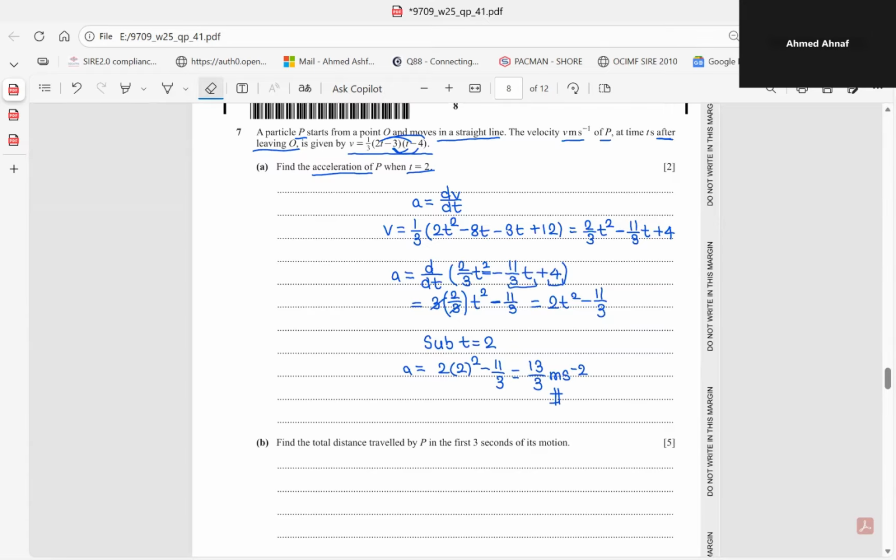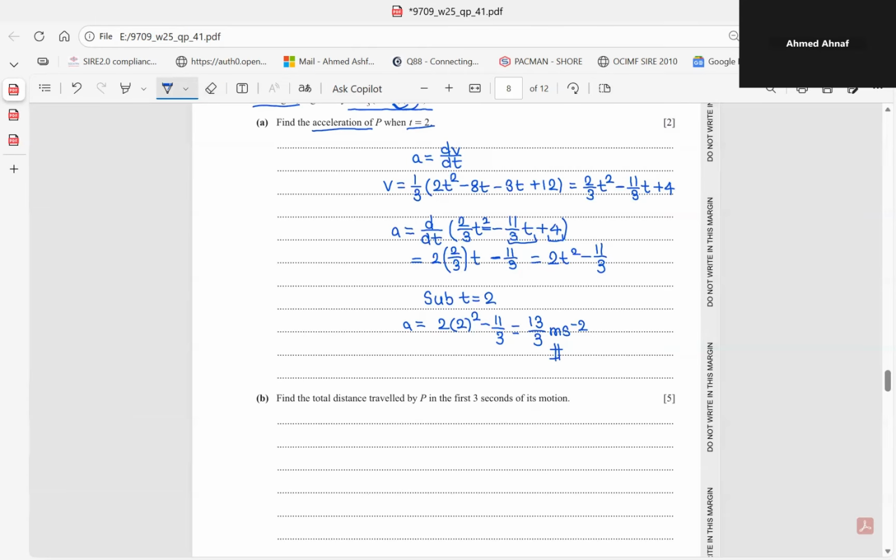So this one is t, and this one is 3, then 2. And this one is 2 times 2 thirds, so you get 4 over 3.